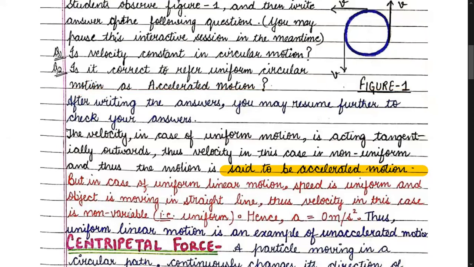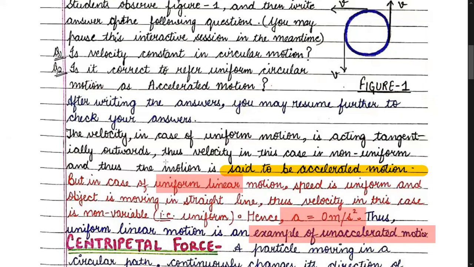Since the velocity is uniform in uniform linear motion, we can say that acceleration is 0 meters per second square. Thus, uniform linear motion is an example of unaccelerated motion.